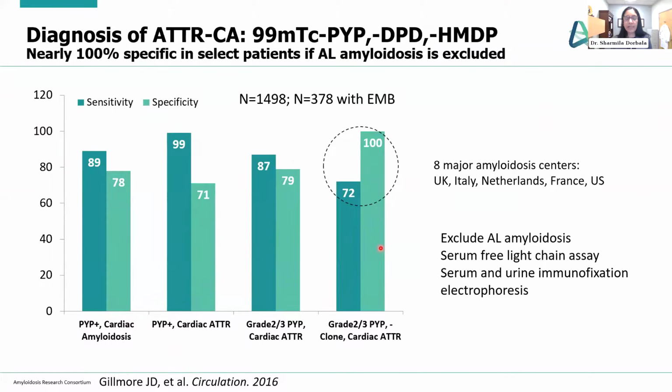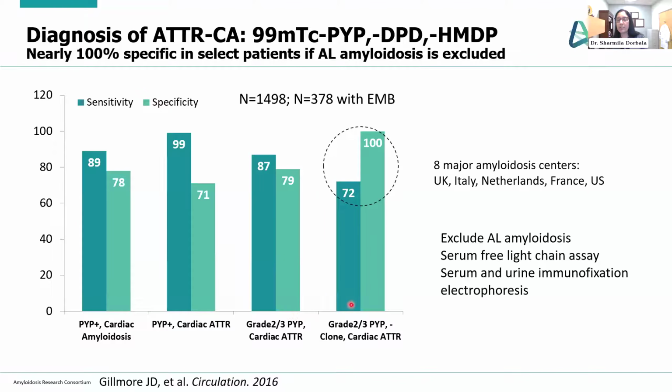This test was studied in a multi-center, nearly 1,500 patient study, nearly 400 with heart biopsy from the National Amyloid Center and 7 other centers, including our own study center here at the Brigham.